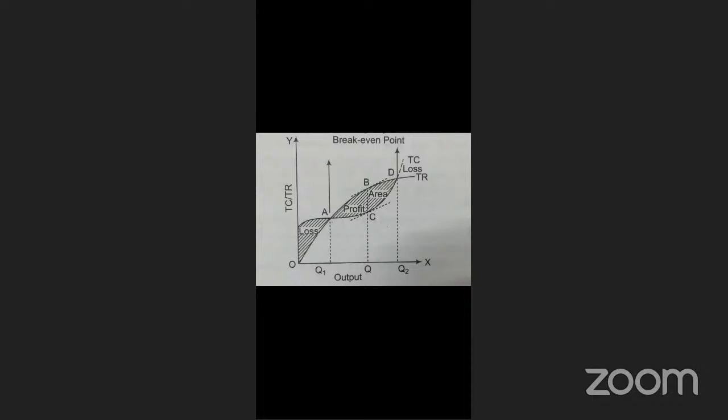In the figure, the total cost curve is total cost, and the total revenue curve is total revenue. At the points A and D, total revenue is equal to total cost.